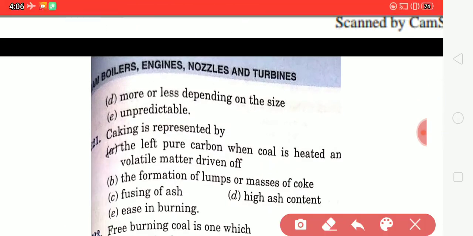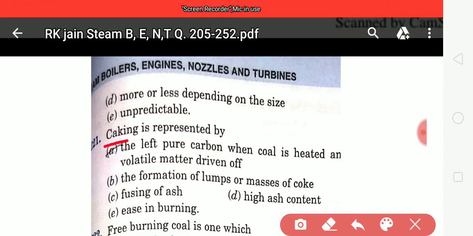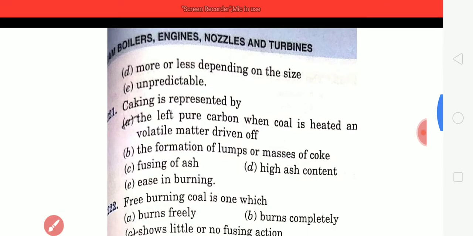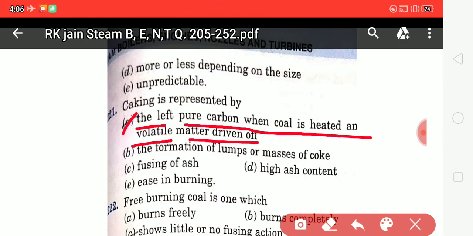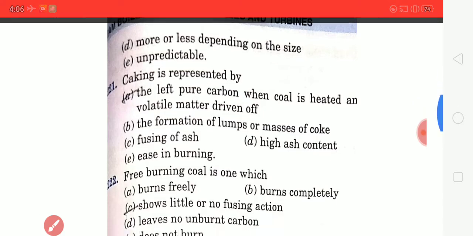Next, caking is represented by the left pure carbon when coal is heated and volatile matter driven off.